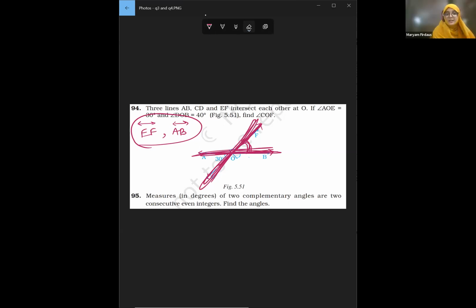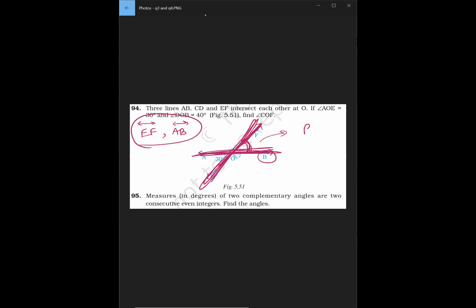What is the name of this angle? EOF. What is this? B. What is this? BOA. What is this? F. What is the name of this angle? BOF.